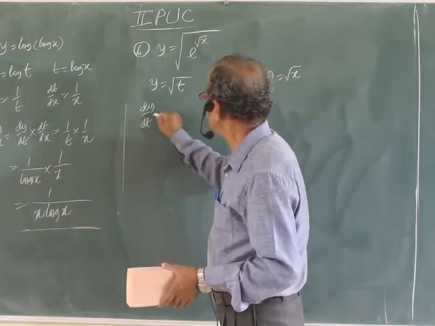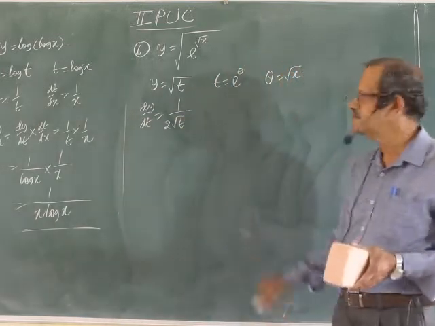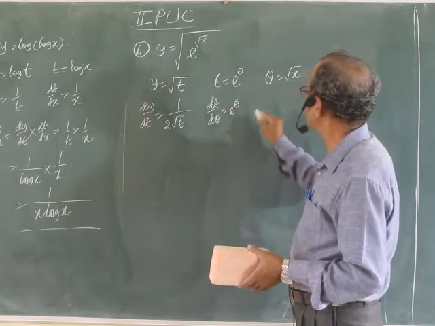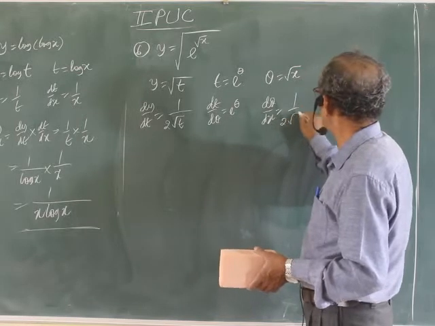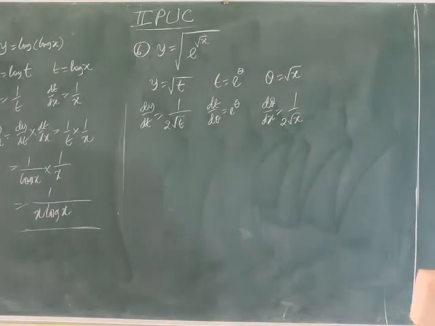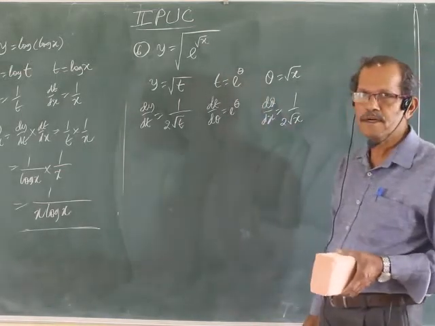dy by dt, 1 by 2 root t. dt by d theta, e to the power theta itself. d theta by dx, 1 by 2 root x. Note it carefully. Root t derived 1 by 2 root t. E to the power derived is itself.